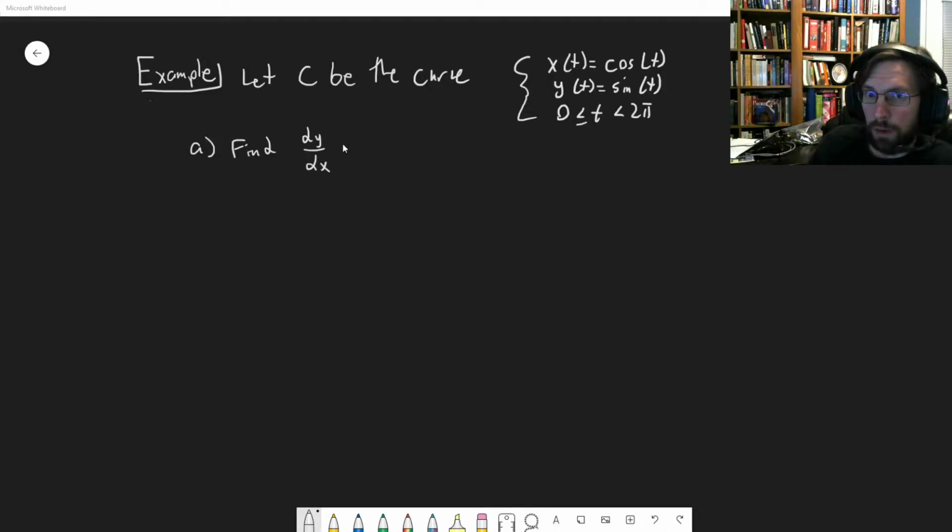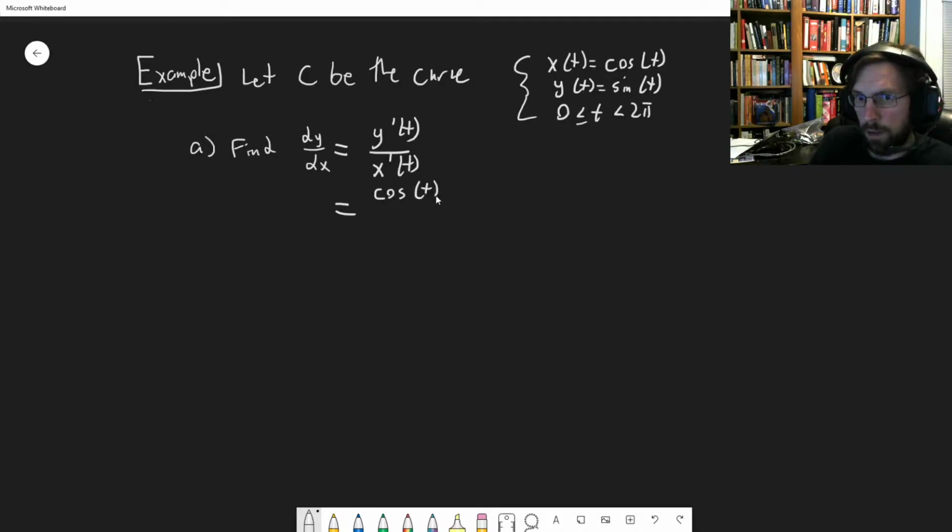So remember, dy dx is just y prime over x prime. So y prime should be the derivative of sine t, which is cosine t, divided by the derivative of cosine t, which should be negative sine t.